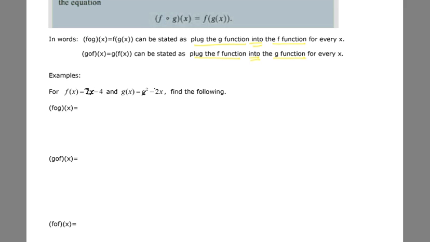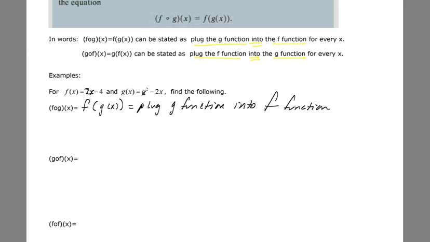So F is 2x minus 4 and G is x squared minus 2x. Let's do the operation F circle G, which by definition means F parenthesis G parenthesis X. And in words, what I have stated up there means I'm going to plug the G function into the F function.